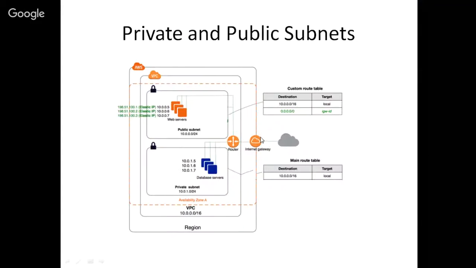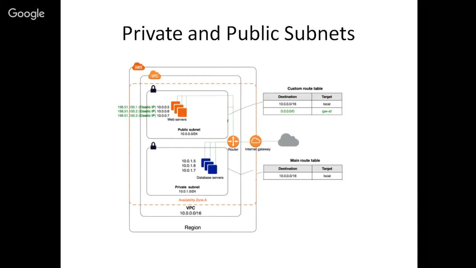Next, private and public subnets. If you see this figure, we have one VPC, again with two subnets, a public subnet and a private subnet. In the public subnet we have some web servers, because we always want our web servers to be exposed to the internet. We have some database servers in our private subnet because we never want our database servers to be publicly exposed.